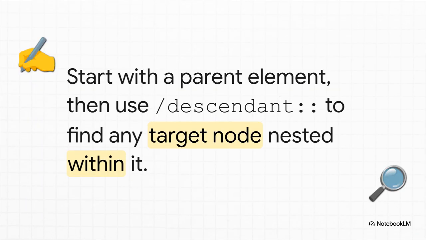And the syntax for this, it's beautifully simple. You start by finding a stable parent element. That's our start node. Then you use a / followed by the magic keyword descendant: That little double colon is key. It tells XPath, hey, we're using an axis here. And finally, you just tell it what target node you're looking for inside that whole family tree.